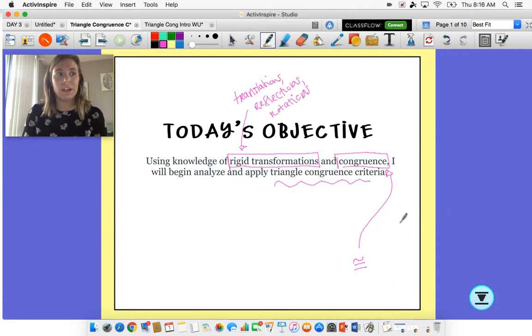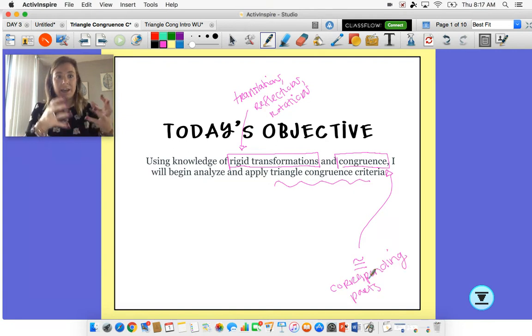We would say segment AB is congruent to segment CD. And what we really talked about a lot with congruence was corresponding parts. Corresponding means it's in the same place, like where it ends up when that rigid transformation happened.